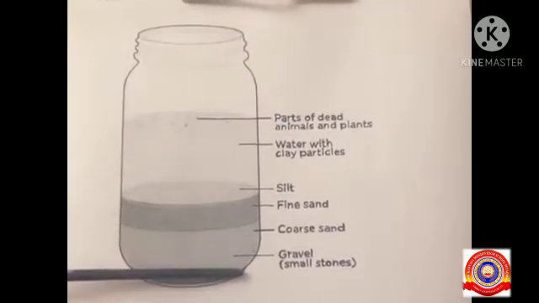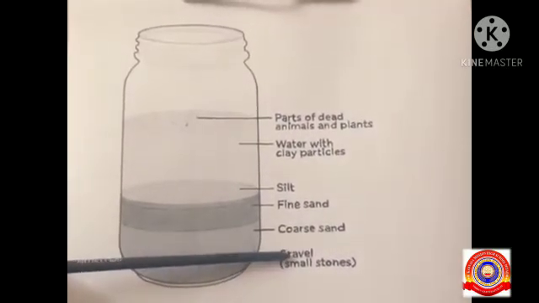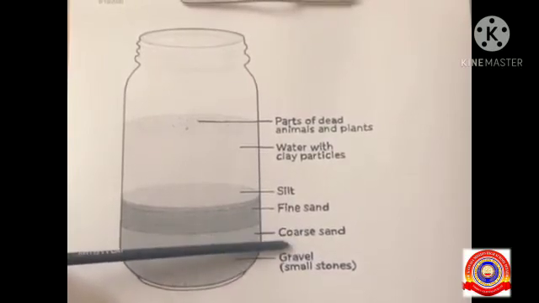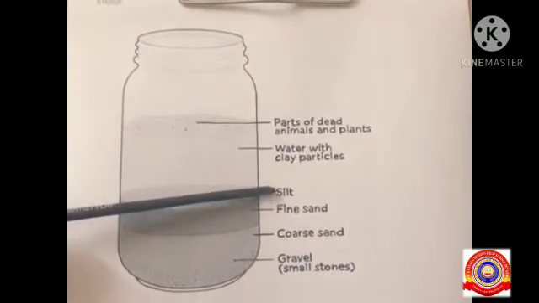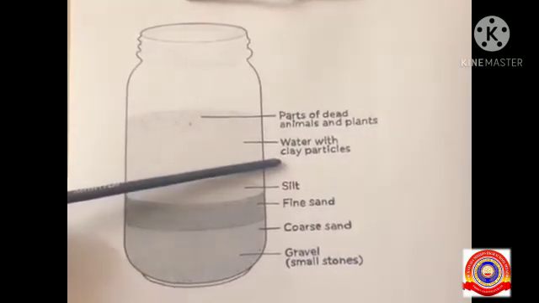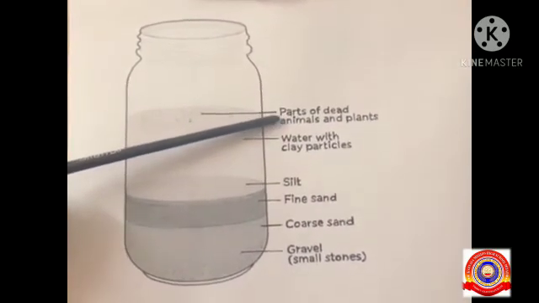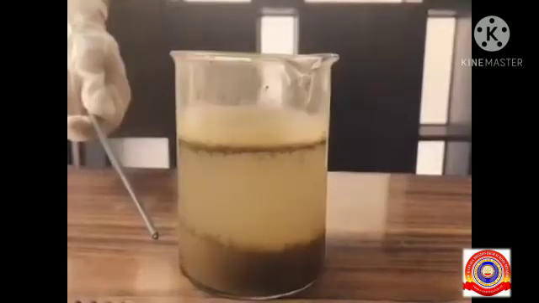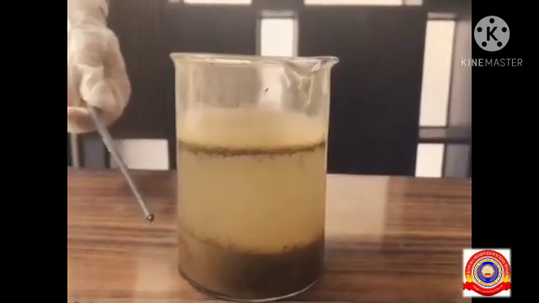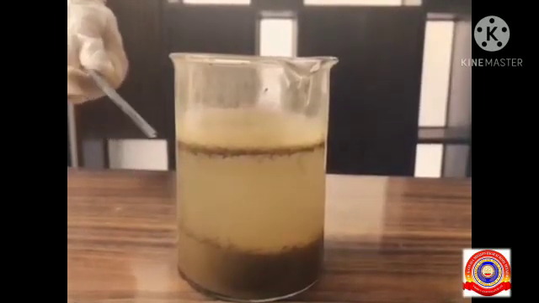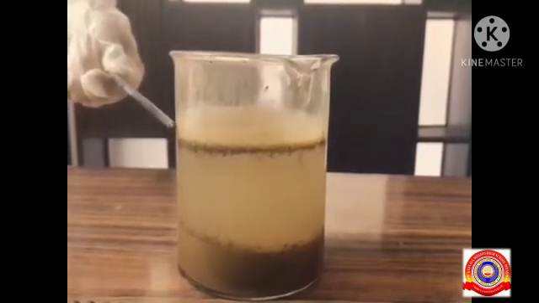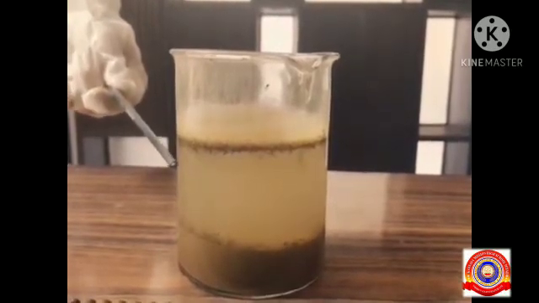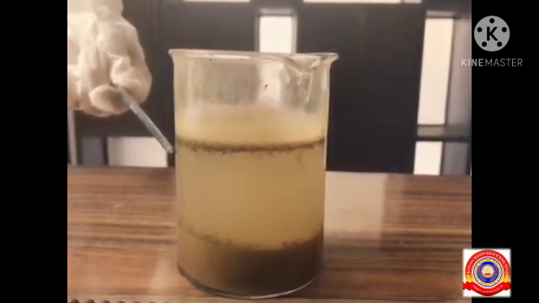At the bottom of the glass we can see small stones, and above the small stones we can see sand, and above the sand we can see water, and on the surface of the water we can see the dirt particles, that is small leaves, small twigs, small creatures, pieces of paper, etc.